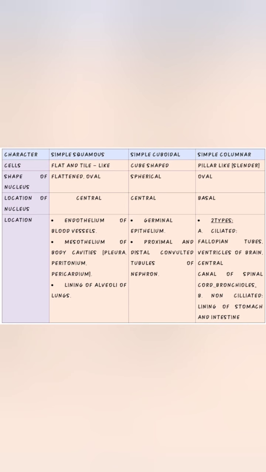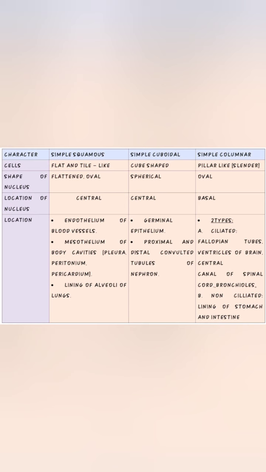Coming to the simple columnar epithelium, they look like pillar-like cells and the shape of the nucleus is oval. Location of the nucleus is basal, that means the nucleus is aligned on the base. This simple columnar epithelium is found in two types, that is ciliated and non-ciliated.